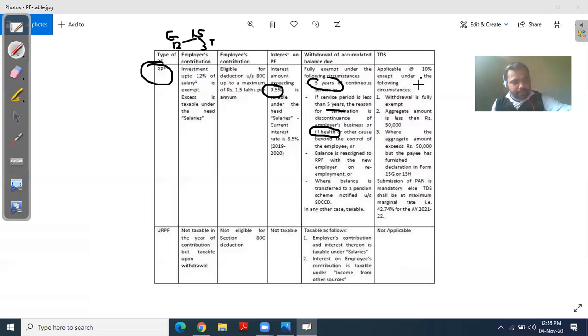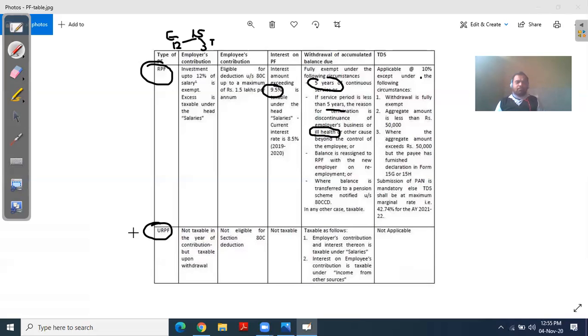In case of the unrecognized provident fund, it is not taxable in the year of contribution, but taxable upon withdrawal. Not eligible for section 80C.